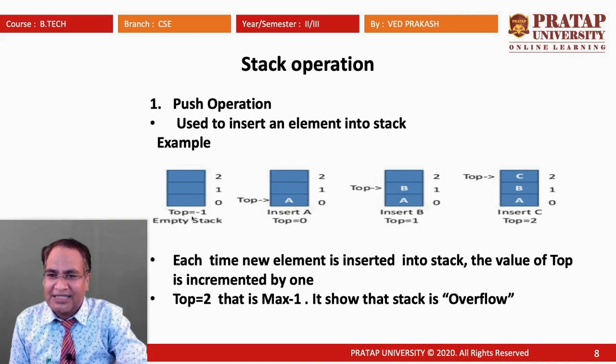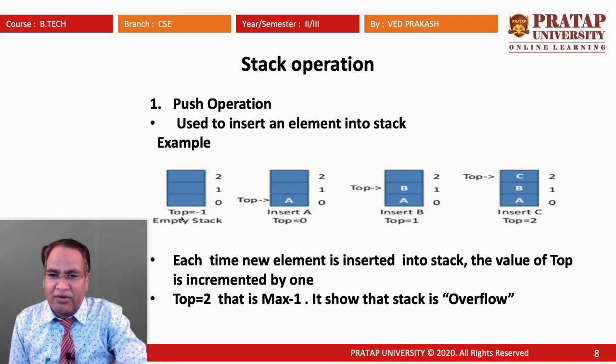It means our stack is now empty, and each cell of the stack is also addressed by an index value: 0, 1 and 2. When we insert any element in a stack, first we have to increase the value of top by 1.